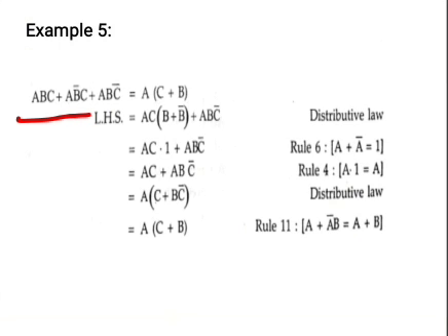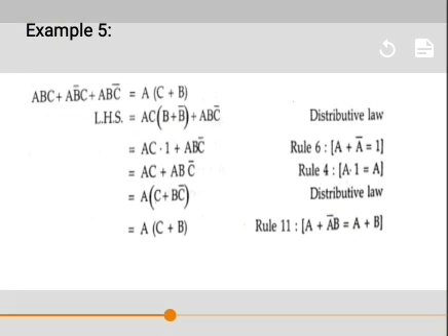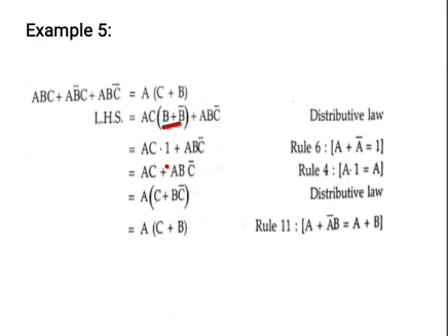That means AC into B plus B complement, plus AB C complement by using the distributive law. You know B plus B complement equals 1 because of rule number 6, A plus A complement equals 1. So AC into 1 plus ABC complement.